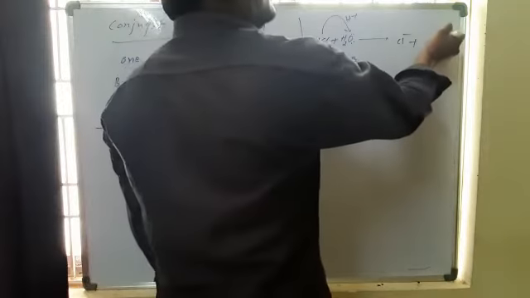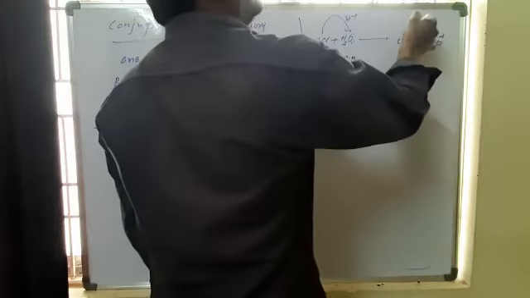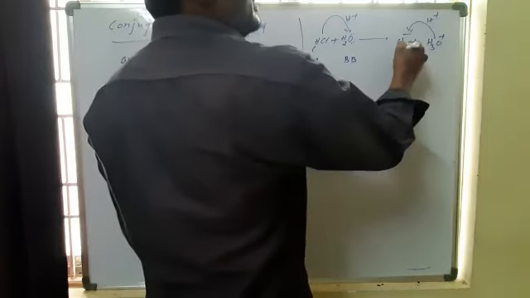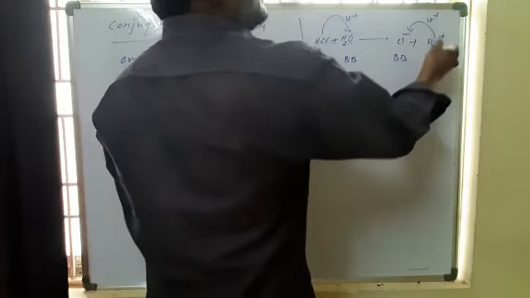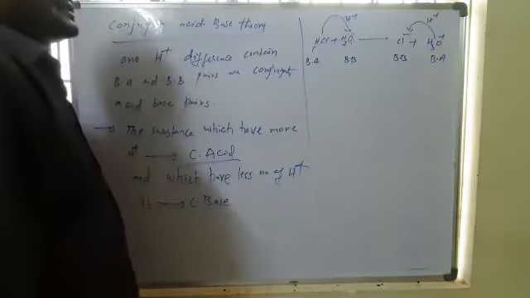Again, H3O plus has an excess of H plus ion, so it can donate H plus to Cl minus. Now Cl minus is the Bronsted base and H3O plus is the Bronsted acid, because it is the H plus donor.